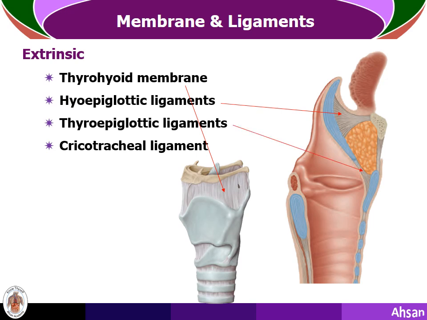This epiglottis is also connected with the thyroid cartilage in the midline by the thyroepiglottic ligament. The cricoid cartilage is connected to the first tracheal ring through the cricotracheal ligament. So these are extending from the larynx to outside.